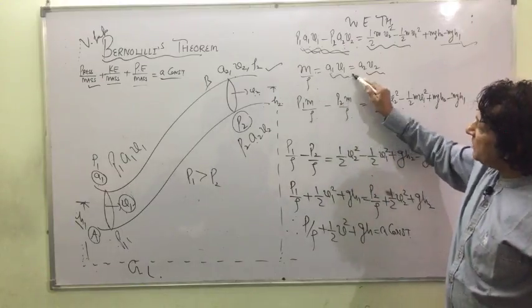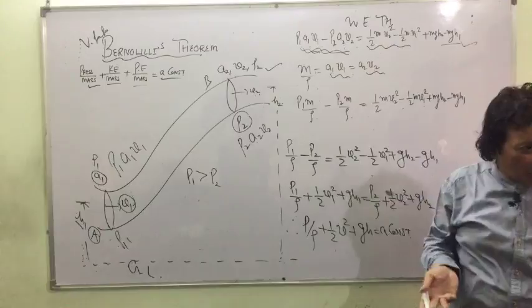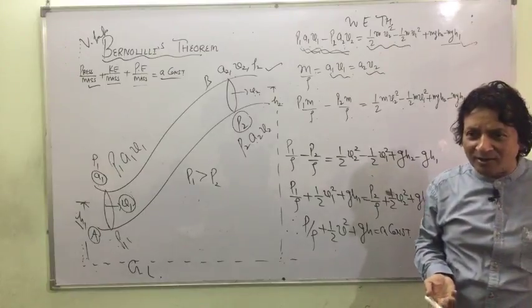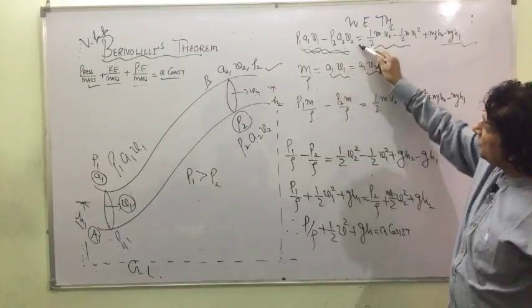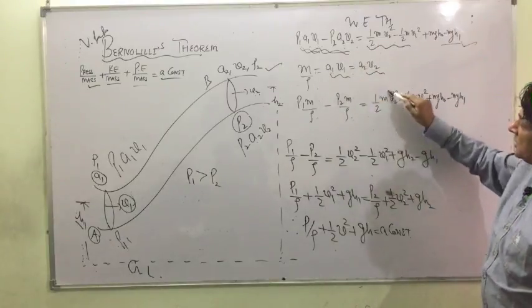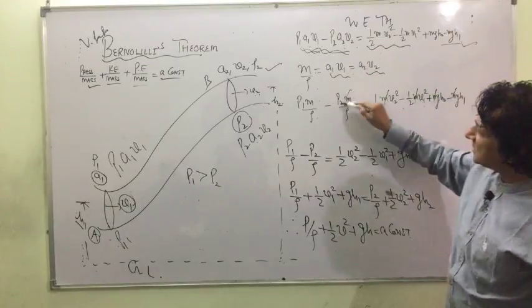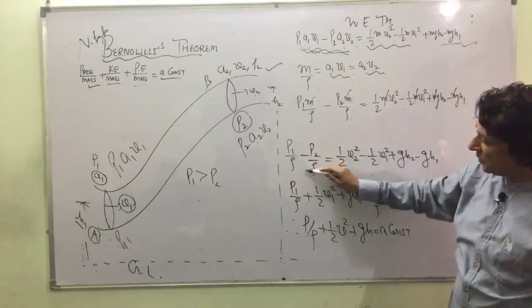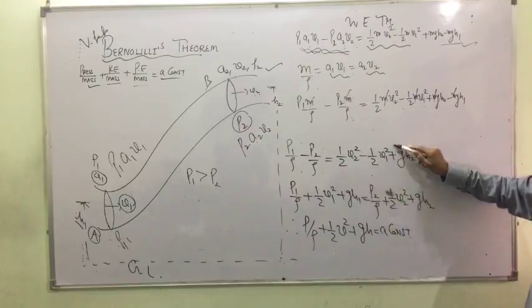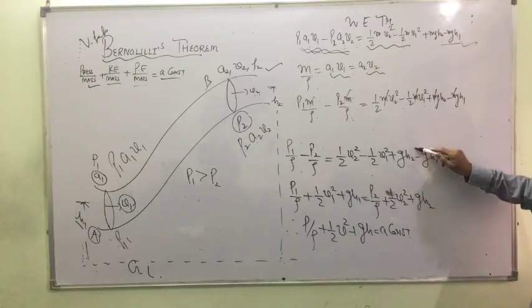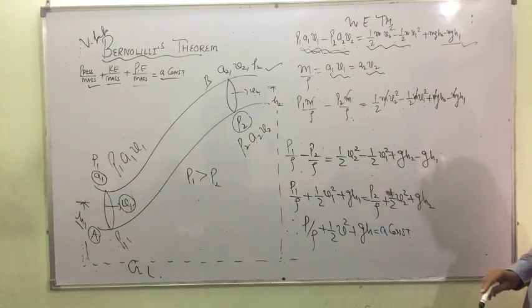What is A1 V1 and A2 V2? m upon rho, the equation of continuity we have done in the last lecture. So A1 V1 is m upon rho, and A2 V2 is m upon rho. This m gets cancelled. P1 upon rho minus P2 upon rho equals half V2 square minus half V1 square plus gH2 minus gH1.